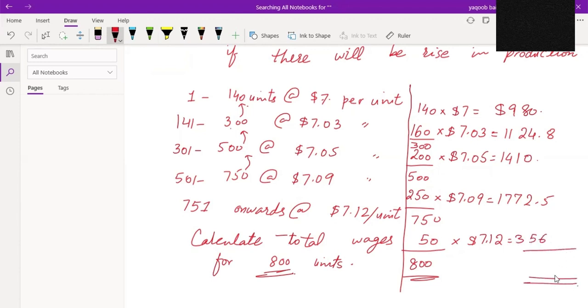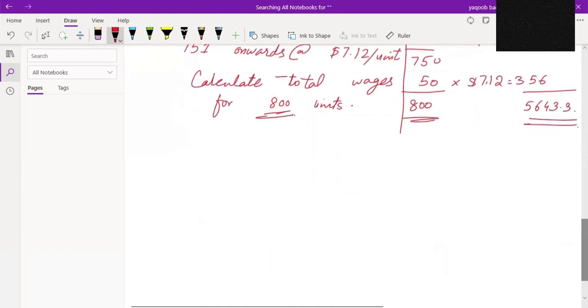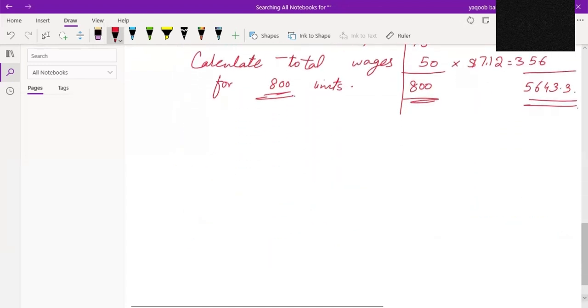Plus 1772.5 plus 1410 plus 1124.8 plus 980, total 5643.3. So this is the differential piecework.